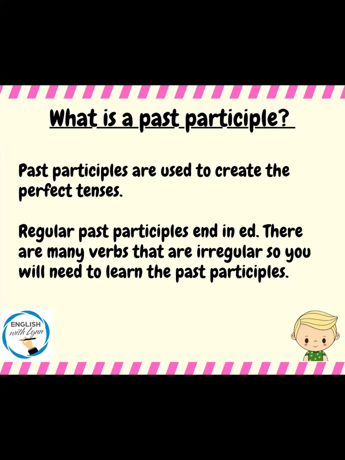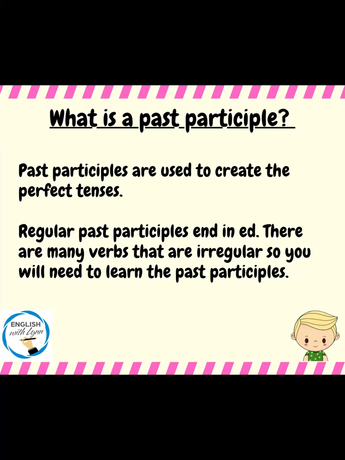You have regular verbs that follow the rules, and the past participles for the regular verbs are exactly the same as the past tense verbs. They end in ed. So play is your base verb, played is both the past tense verb and the past participle.